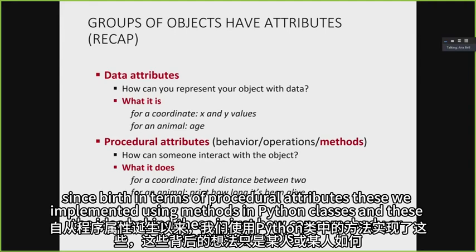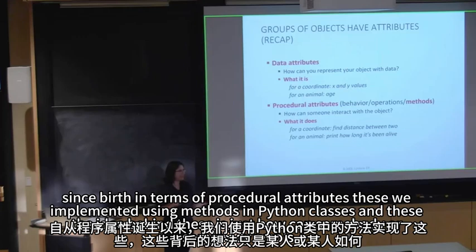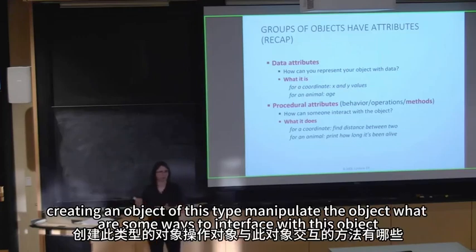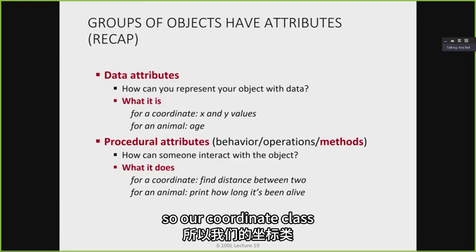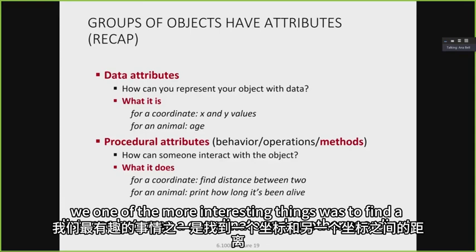In terms of procedural attributes, these we implemented using methods in Python classes. And the idea behind these is just how can somebody who's creating an object of this type manipulate the object? What are some ways to interface with this object? So in our coordinate class, one of the more interesting things was to find a distance between a coordinate and another coordinate.